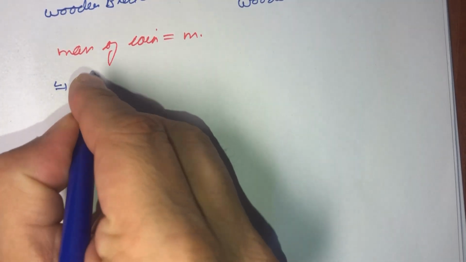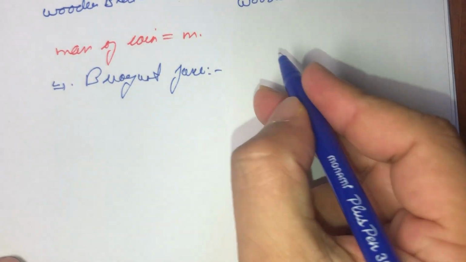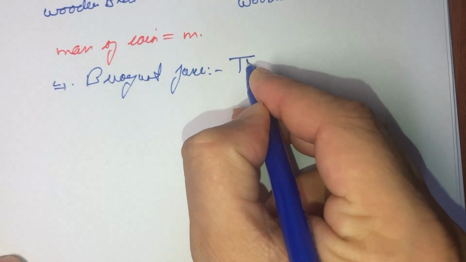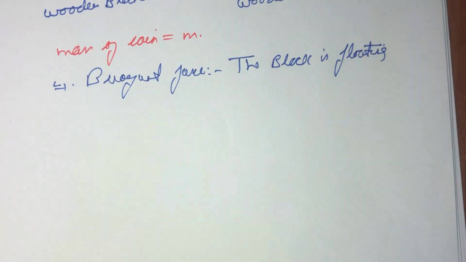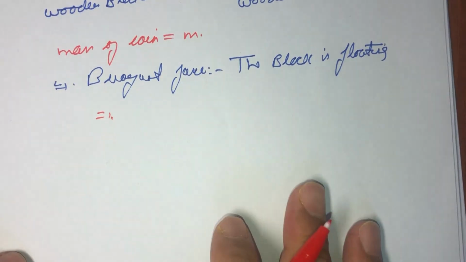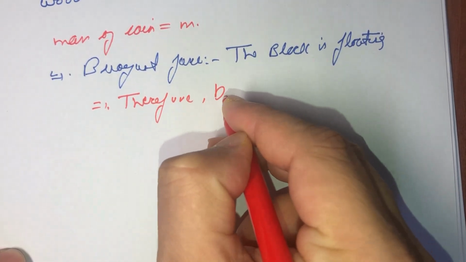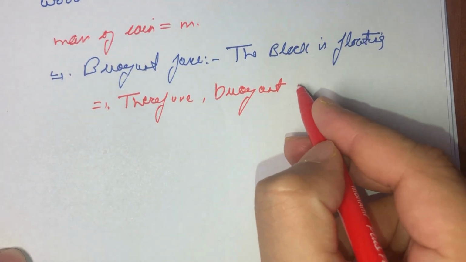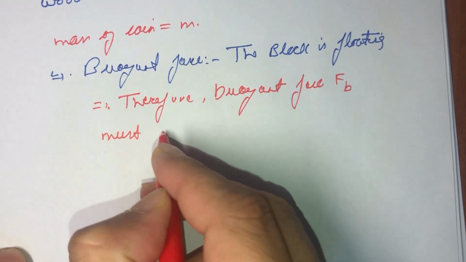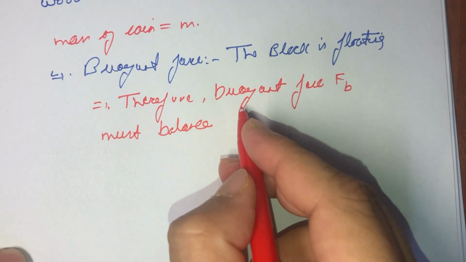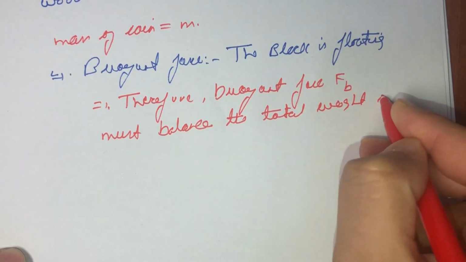Therefore the buoyant force FB must balance the total weight of block and coin.